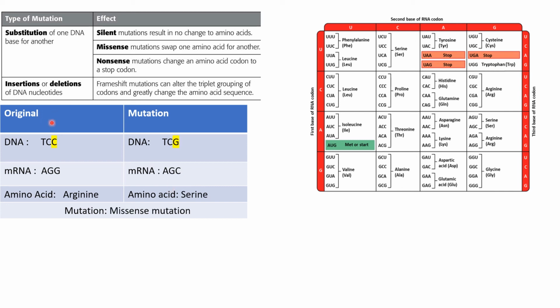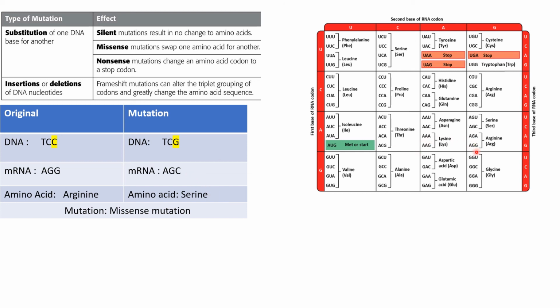If our original DNA sequence coded eventually for that arginine amino acid right there, and we went through a mutation where this time the mutation resulted in a different amino acid, let's take a look at the chart right here.